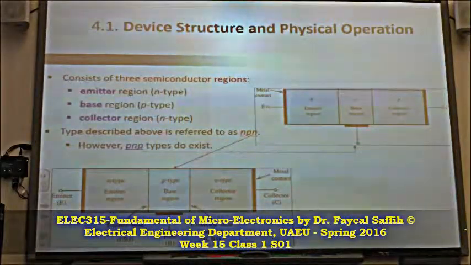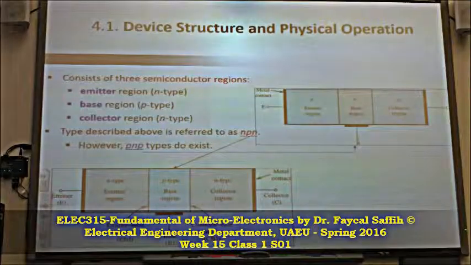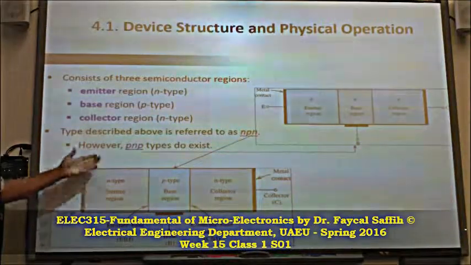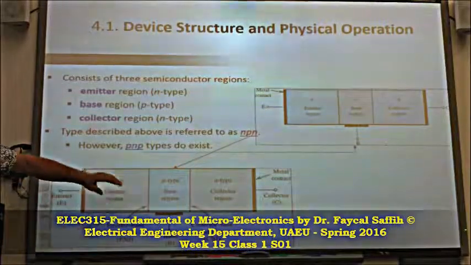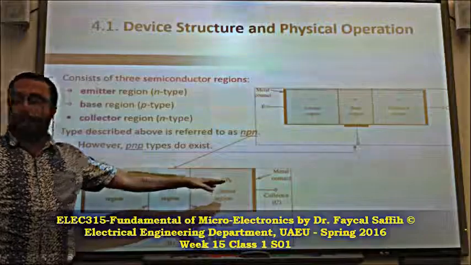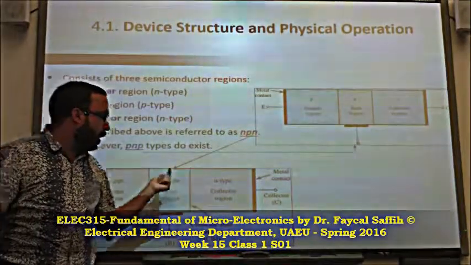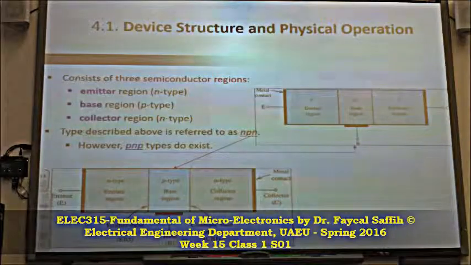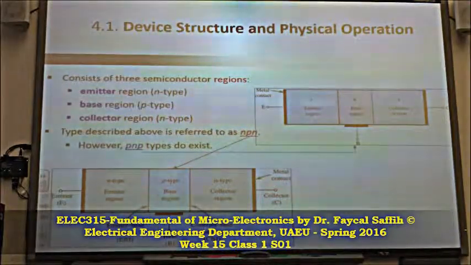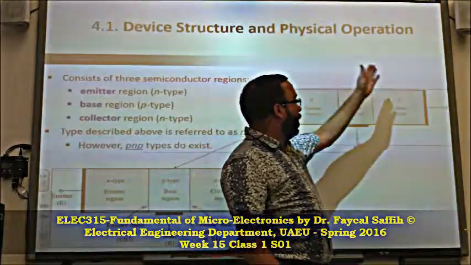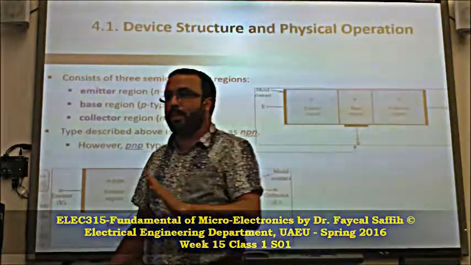This is a very big difference, so remember that. If we take an NPN transistor, one end is called the emitter, the other end is called the collector, and the one in between is called the base. These are the three terminals of the BJT transistor. The same thing in the PNP: an emitter and collector, and in between the base.